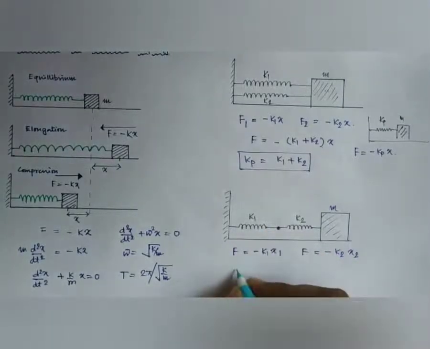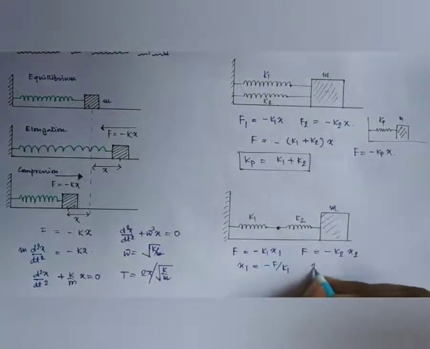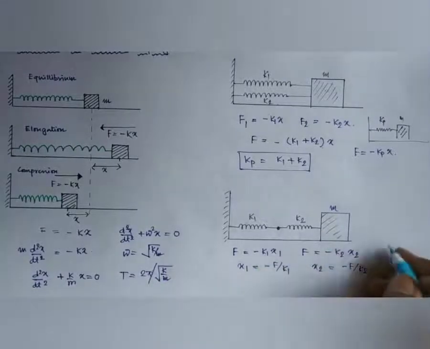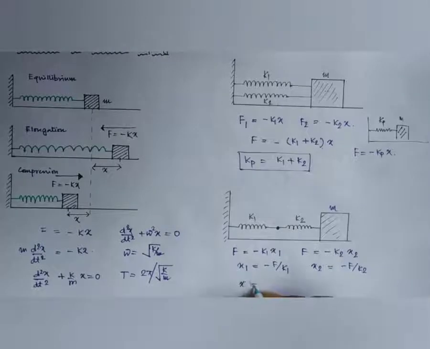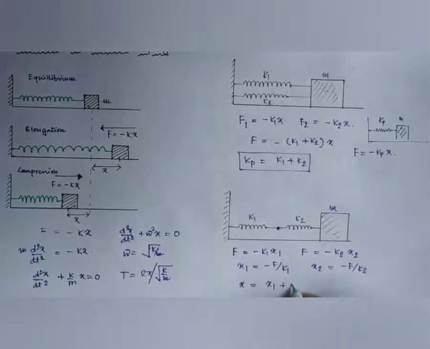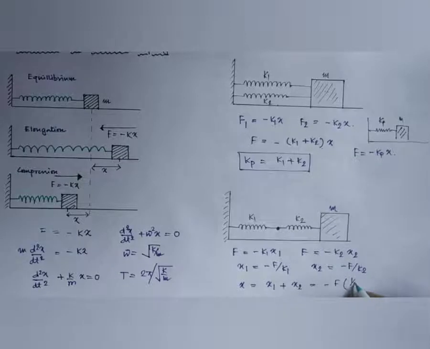So we have x1 equal to minus F by k1 and x2 equal to minus F by k2. So the total displacement or total extension of the spring is x equal to x1 plus x2, that is minus F into (1/k1 plus 1/k2).